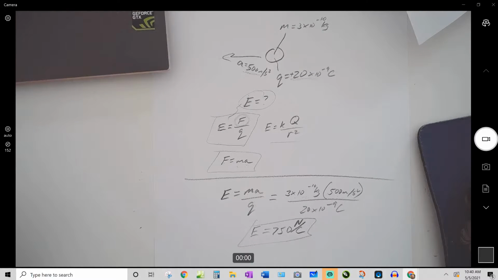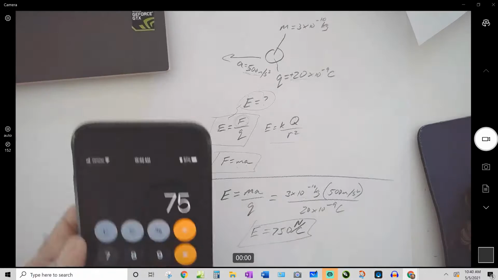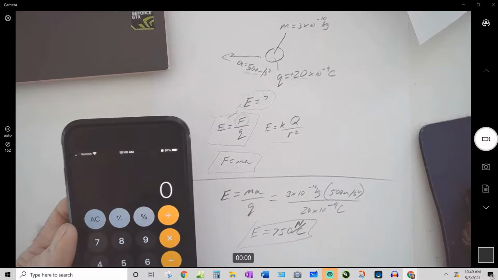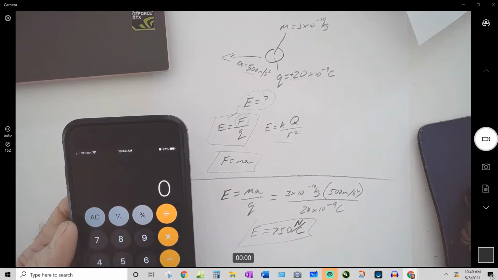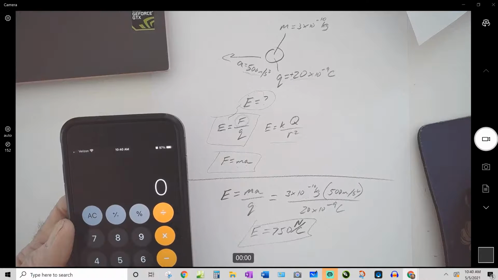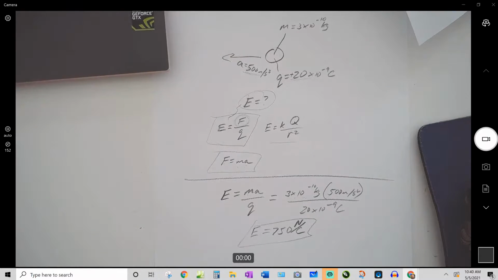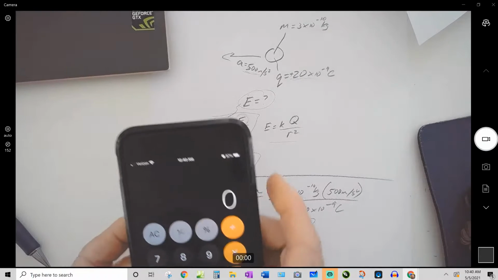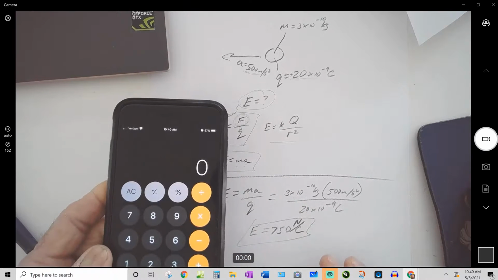That's exactly the work I had, and I just put it into my calculator again, and I got 7.5. Yes, you're correct, 7.5. I was just going the wrong way. I'm just doing bad mental math with exponents.